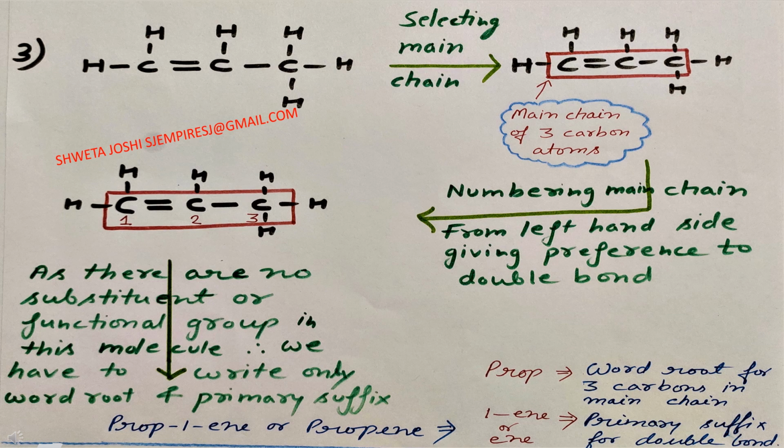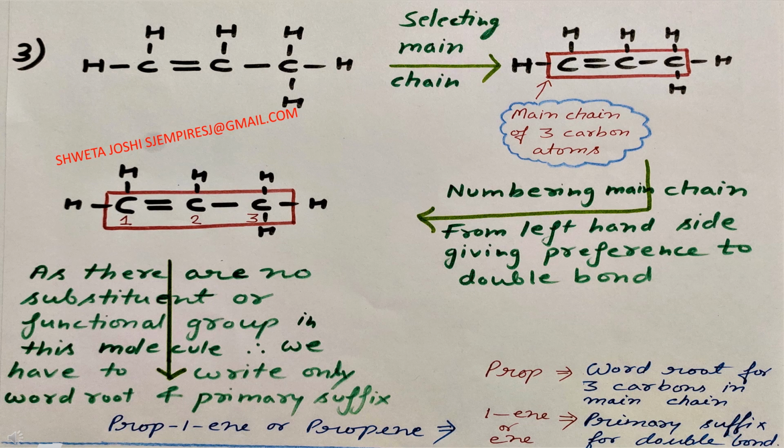So our third compound is CH2 double bond CH single bond CH3. Following the rules of IUPAC nomenclature, first of all we are going to select the main chain. In this case, the main chain is of 3 carbon atoms. Now numbering the chain, we have to start from the left hand side, giving preference to the double bond.